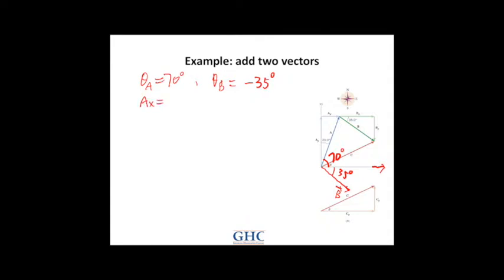Then you can always use the equation that we provide. Ax equals magnitude of A cosine theta A, Ay equals A sine theta A, and same for B. So we calculate this one, 49.6 meters, this one 136 meters. And then we have Bx.